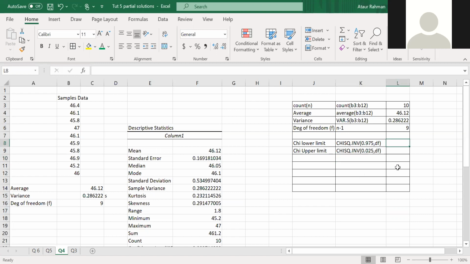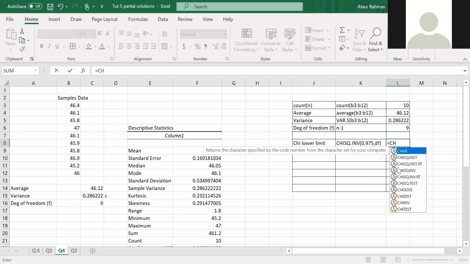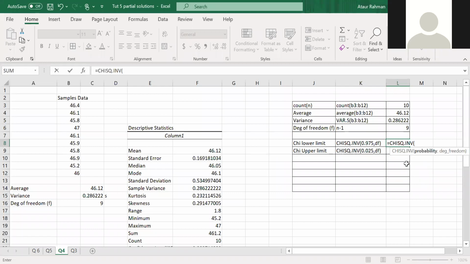So let us find this value. CHISQ.INV, the chi-squared inverse, which is this one here. And then we have to write the probability 0.975, and our degree of freedom is 9.